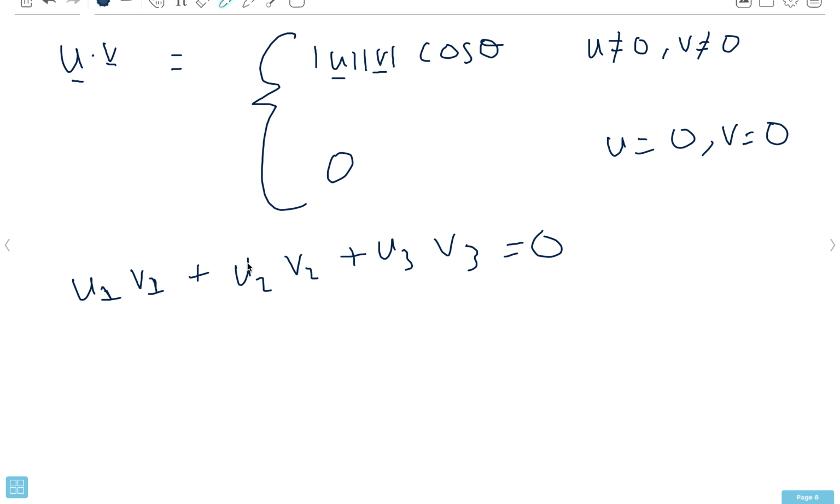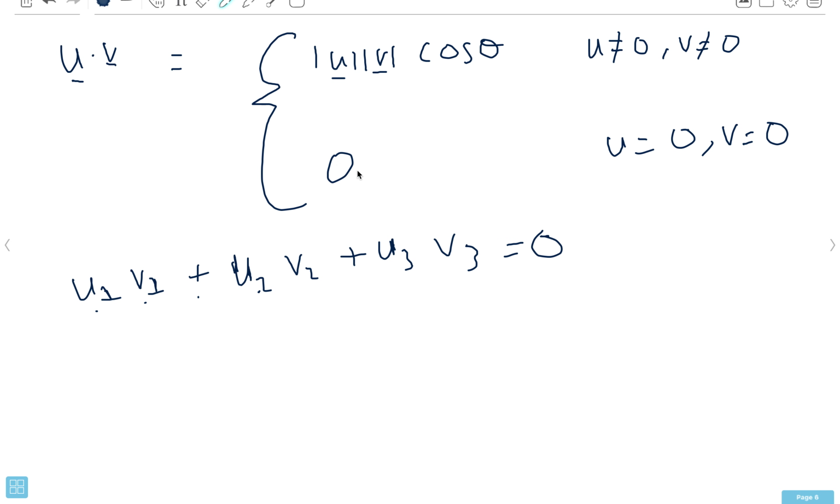I left this till last because it's not really that hard to see. If u equals 0, then all of its components u1, u2 and u3 are 0. So that's 0 times that plus 0 times that plus 0 times that. So that's done. If v equals 0, then we have the same thing.